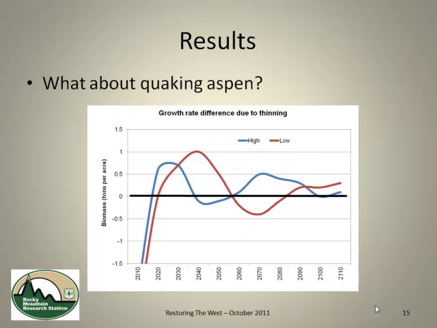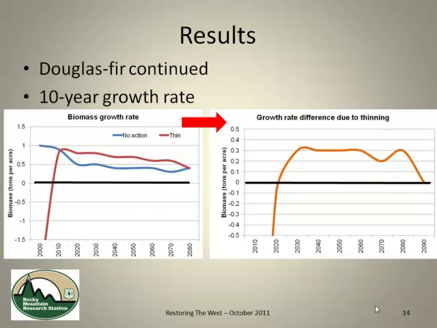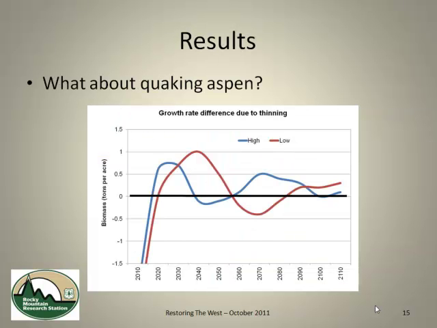I just put up aspen because a lot of people are interested in aspen. Here, instead of looking at the difference between no action and thinning, I just have plotted the equivalent of this graph, the growth rate difference due to thinning, for a high quality aspen site and a low quality aspen site.